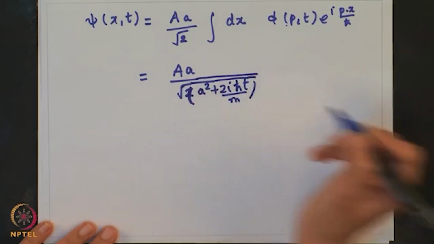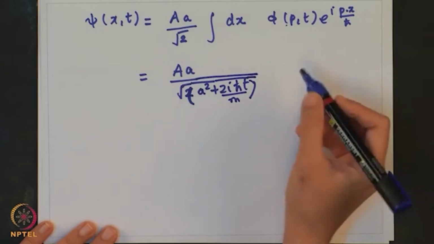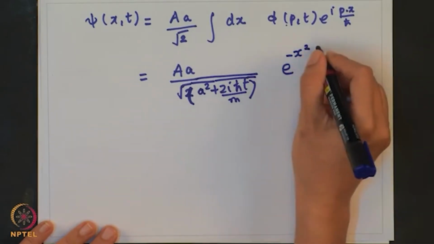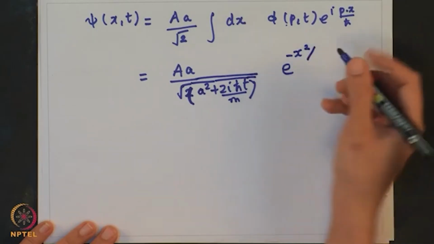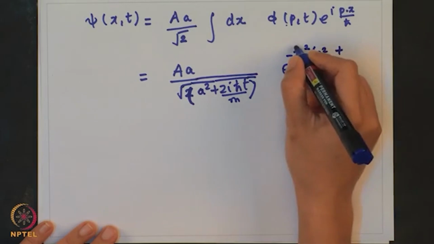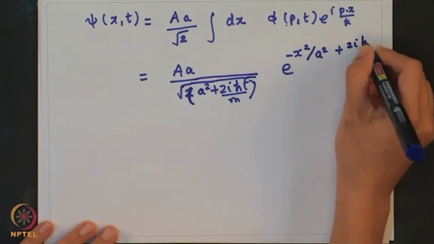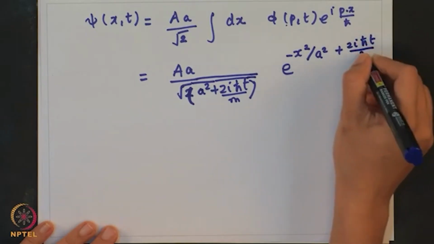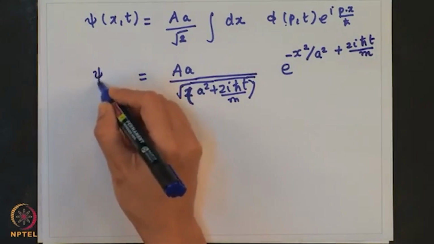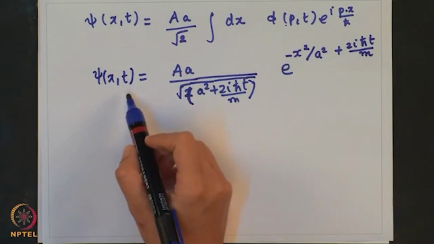This is the expression, times an additional factor of exponential of minus x square upon a square plus 2 i h cross t by m, in the exponent itself. Okay. So, this is the expression for the time dependent wave function.